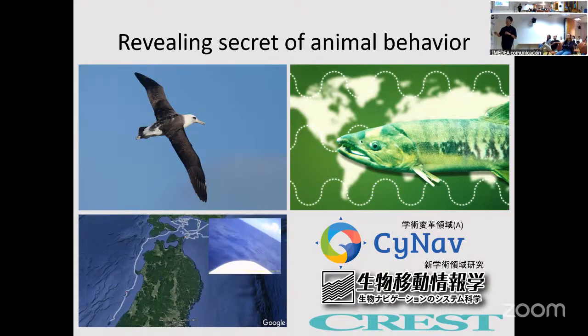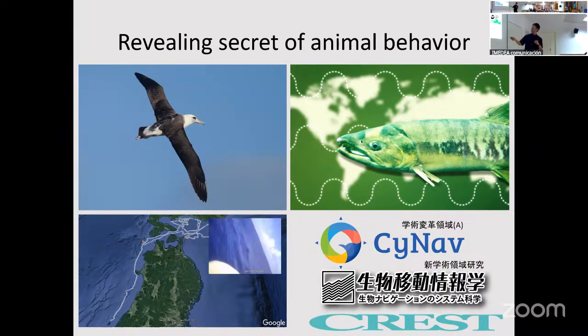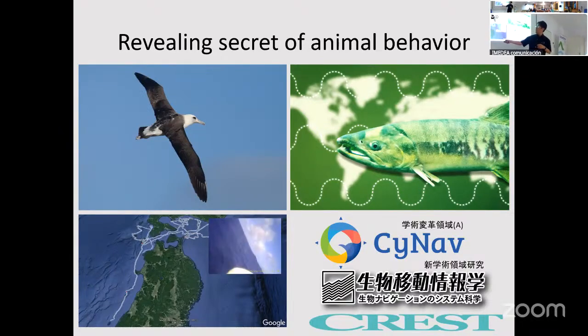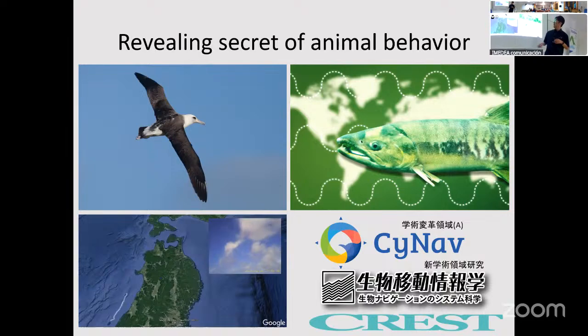For example, this is GPS sensor data attached to a shearwater. The colony is here, on a very small island, and it can travel about 500 kilometers to catch fish, and then go back to the colony.